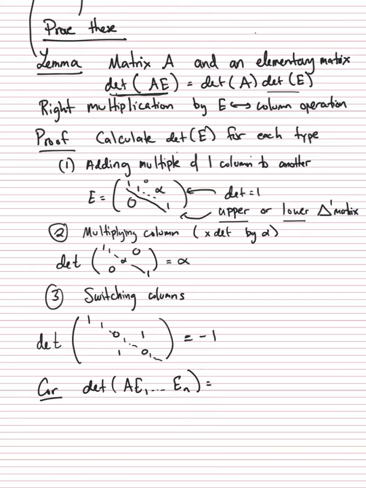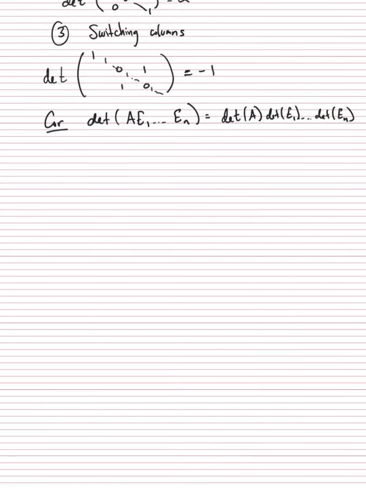I know how the determinant behaves under all of them: it's the determinant of A times the determinant of E1, up through the determinant of En. Essentially this reduces the two theorems that I wanted to show to checking the case of elementary matrices.